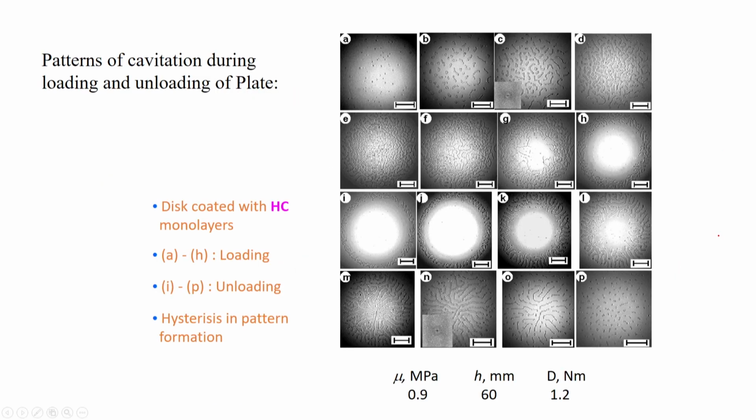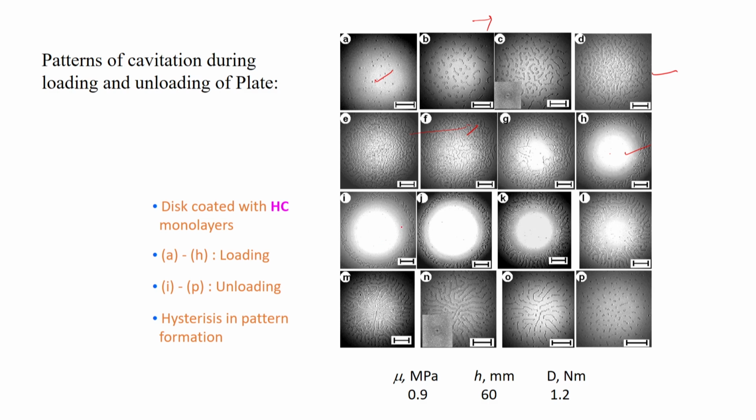So the load increases up to this point, and after that it is unloading. The load actually decreases over here. You see that we start with a zero load and we end with a zero load over here. There is some difference in their surface structure.